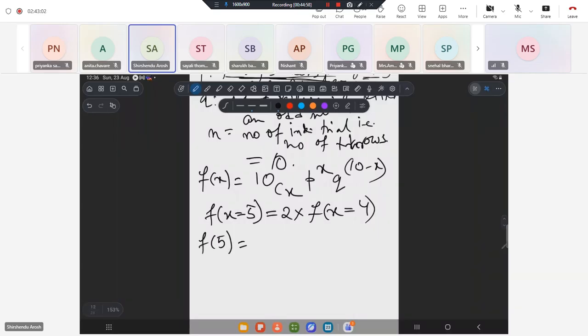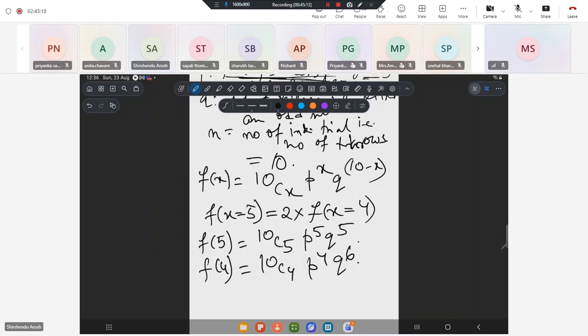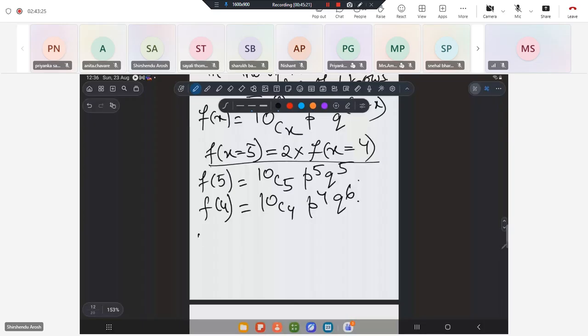If I just write 10C5 p to the power 5 q to the power 5, x equal to 4 would be 10C4 p to the power 4 q to the power 6. So let's use this. So 10C5 p to the power 5 q to the power 5 equals 2 times 10C4 p to the power 4 q to the power 6. Right?